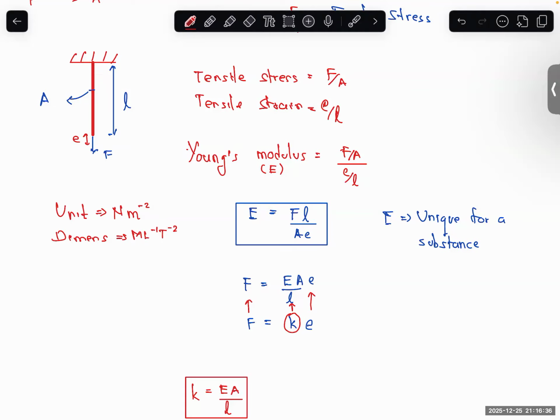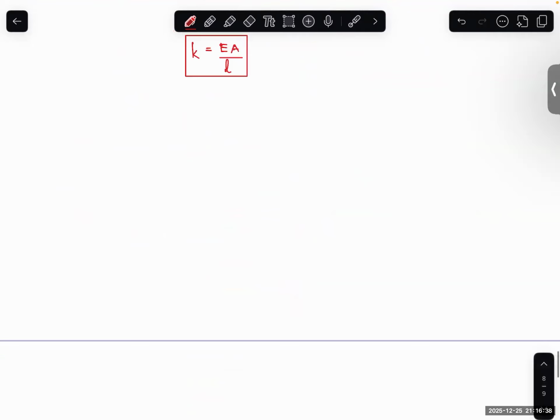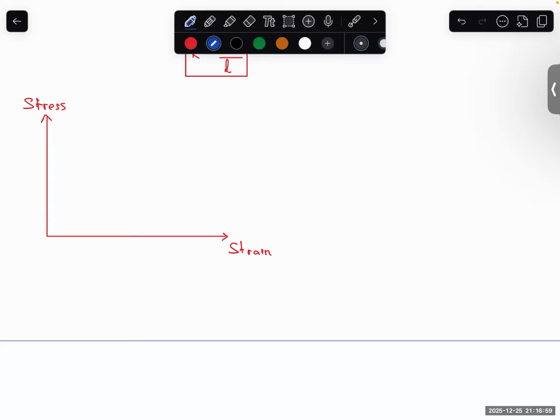Now, if you try to draw a curve for stress against strain, what will it look like?